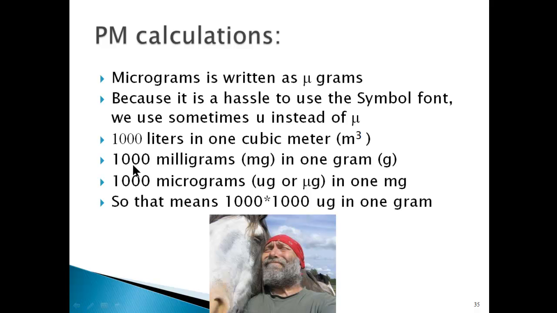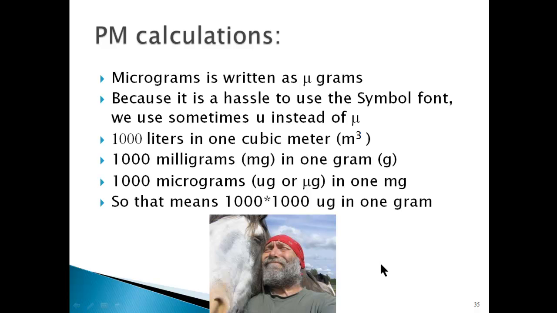Remember, there's 1,000 milligrams, which is abbreviated MG, in 1 gram, 1,000 micrograms, UG or mu G, in 1 milligram. So that means in 1 gram, you've got 1,000 micrograms in every one of 1,000 milligrams. So 1,000 times 1,000 micrograms in 1 gram. And now we'll all feel like this guy and his horse.